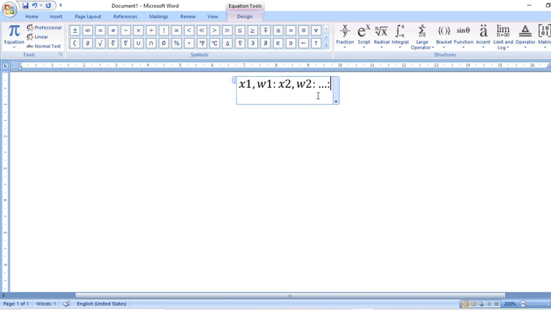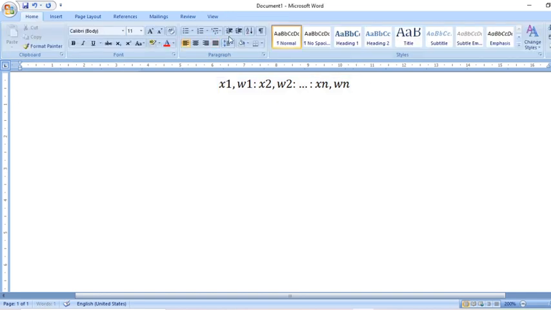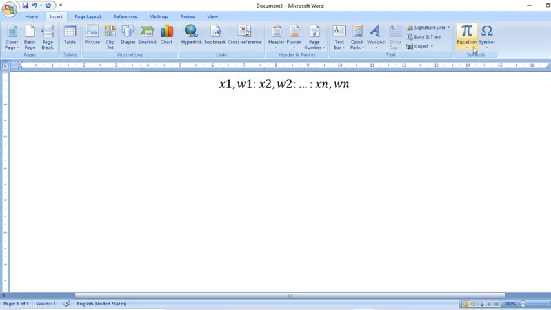Last, Xn is the nth observation and Wn is the weight associated with Xn. So how can we compute the weighted arithmetic mean? It's a very simple task.